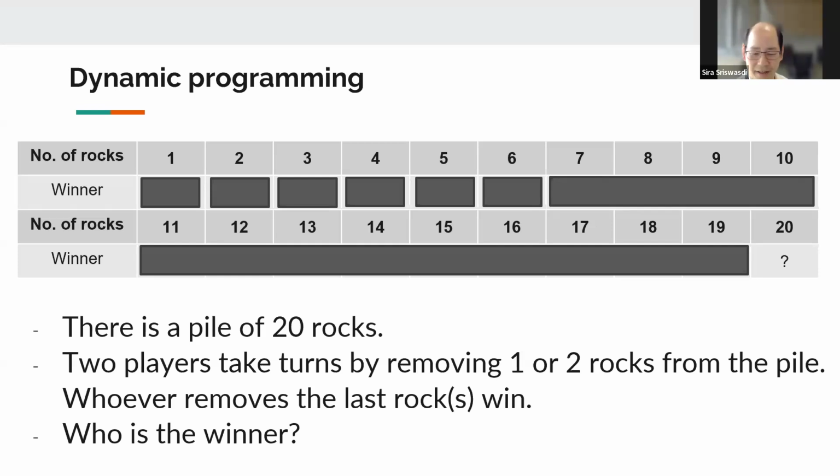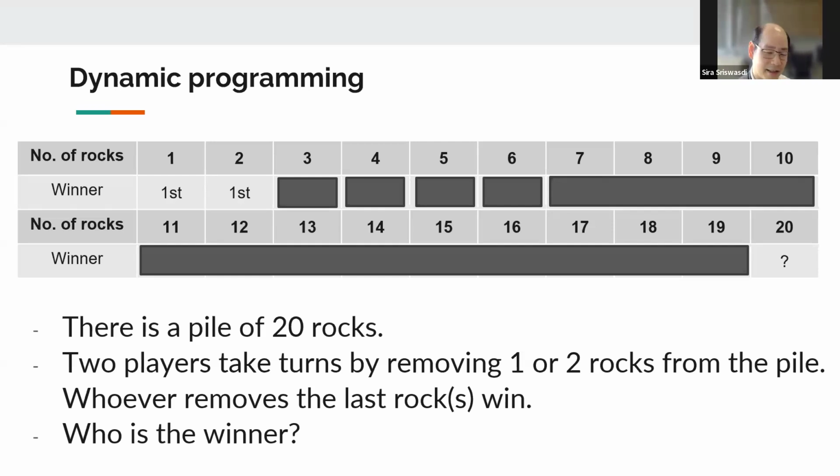If you have only 1 log, then the first player just takes that 1 log, and that player will win. So the first player will win if we have only 1 log. If we have 2, then the first player still wins because he or she can just take both logs, and then that person will be the last to remove.